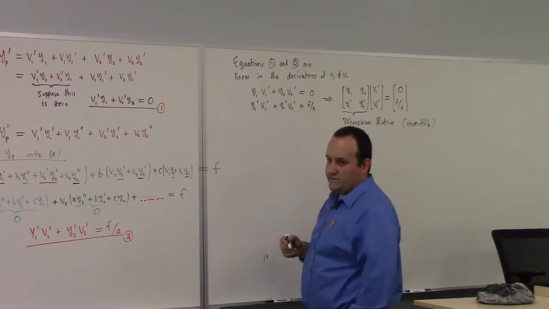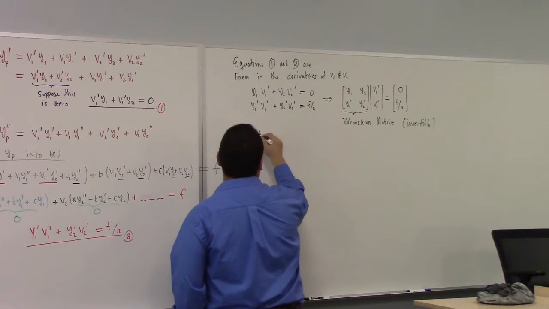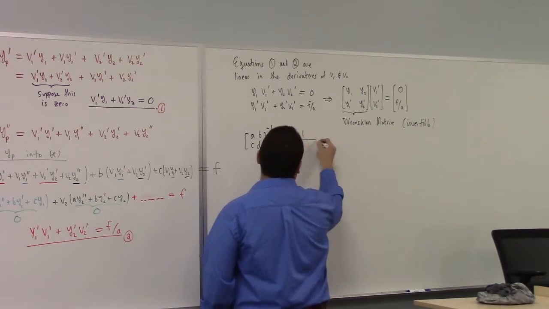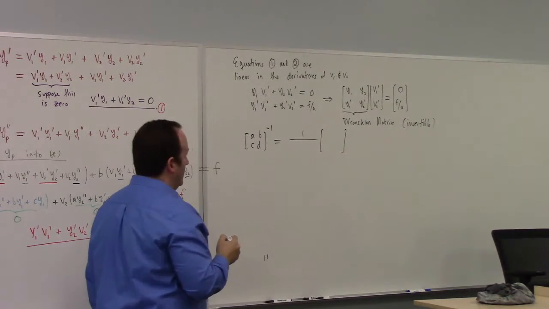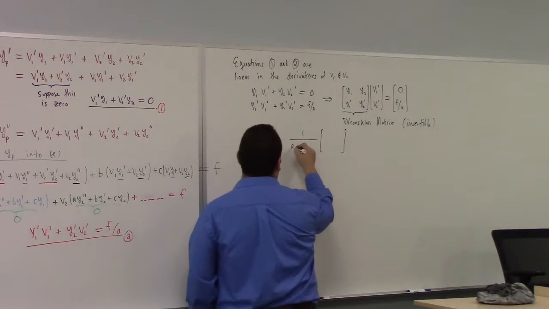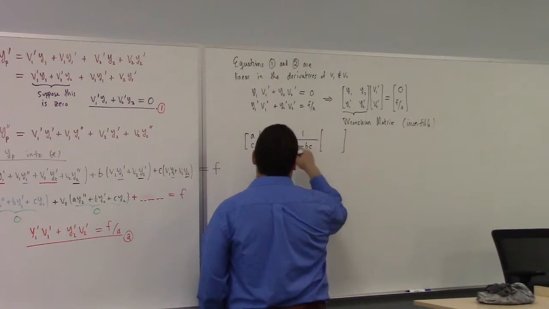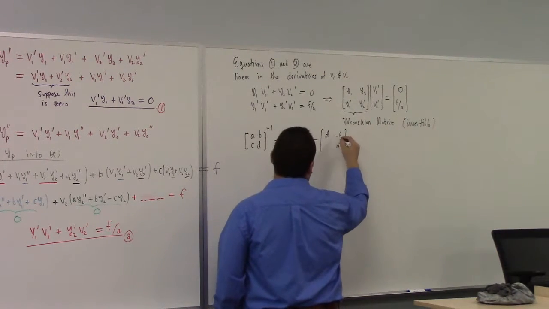Do you guys know how to invert a 2 by 2 matrix? If I have A, B, C, D, and I want to write the inverse of it, what's the formula? Yeah, one over AD minus BC. You flip the diagonals, and put minuses on the off diagonals, right?